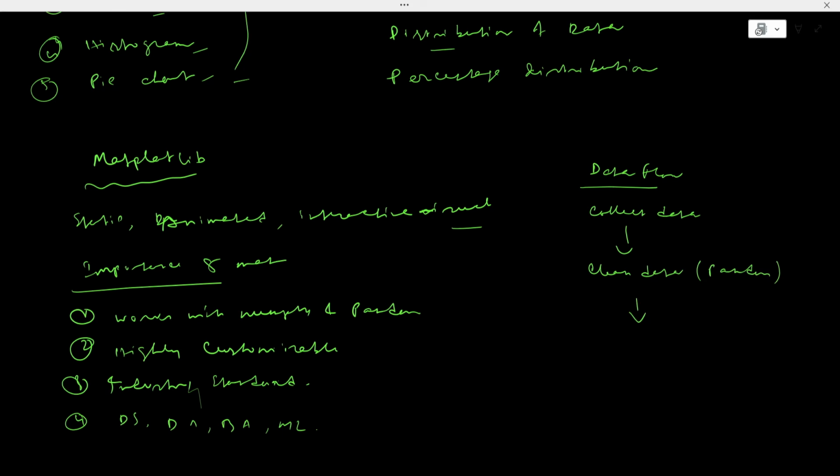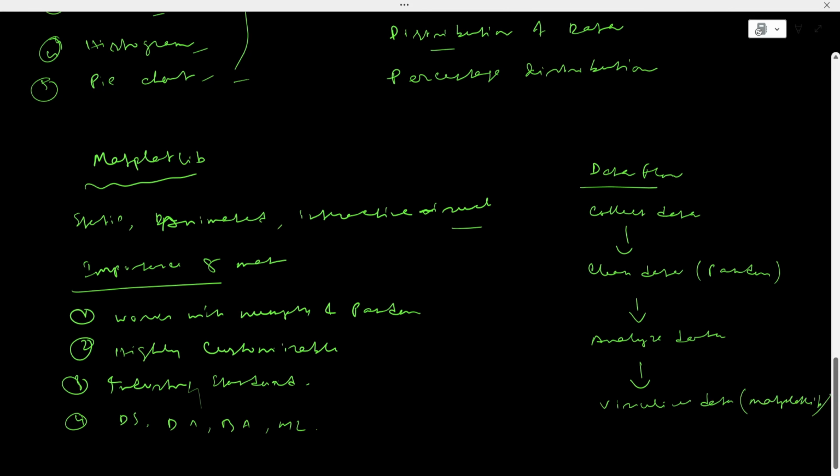Then we have to analyze our data. After analyzing, we have to visualize our data. Here we can use Matplotlib. And once our visualization is ready, then we can make our decision.